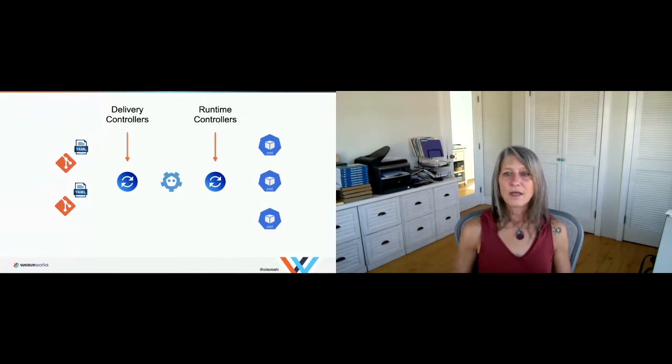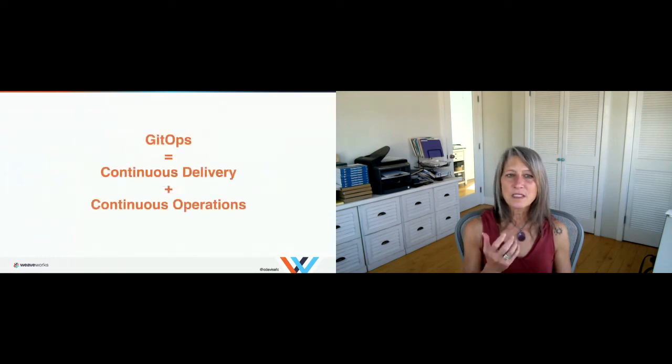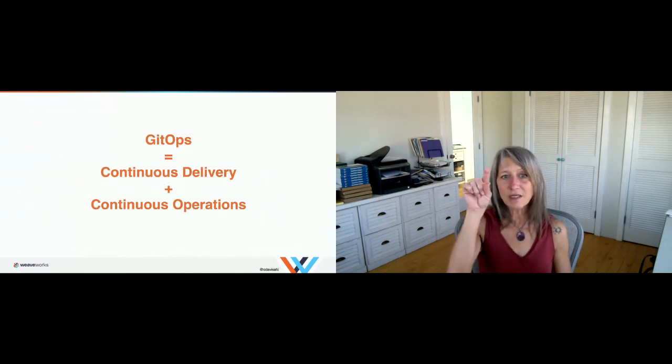If we go back to the original diagram, I talked about storing code configuration, I talked about automation, and I talked about it running in the runtime environment. And that, in a nutshell, and there's a user interface, is what GitOps is. GitOps is continuous delivery, constantly reconciling, plus continuous operations, constantly reconciling, and those 2 things in combination are GitOps.